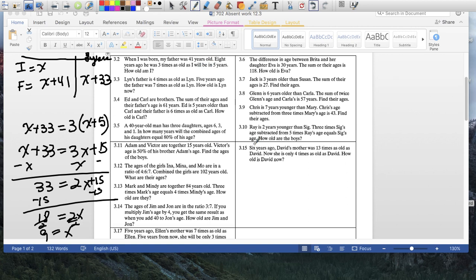In 5 years you would be 14, and 8 years ago he was 42. How old am I? You're 9. So the answer is 9, x equals 9. I was just checking to make sure.